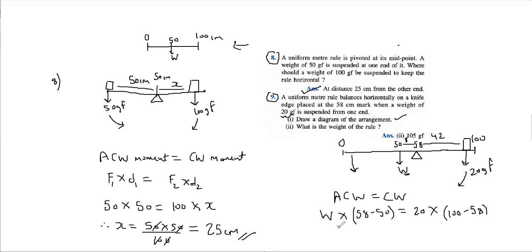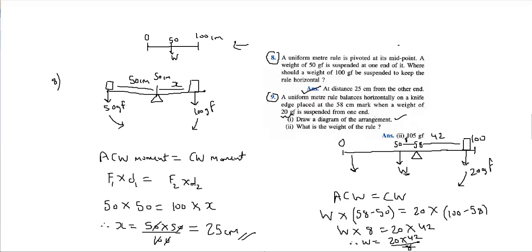So W into 8 equals 20 into 42. Therefore the weight of the ruler equals 20 into 42 upon 8.